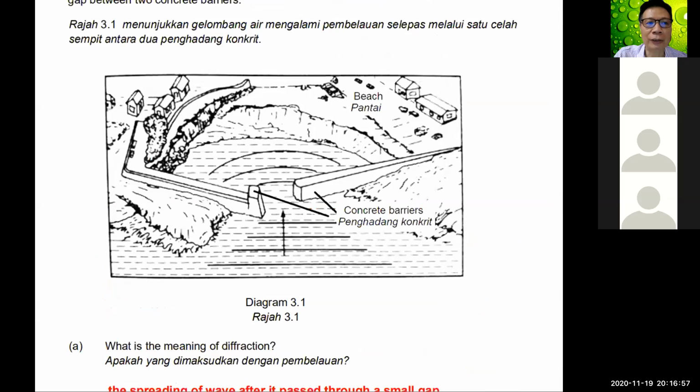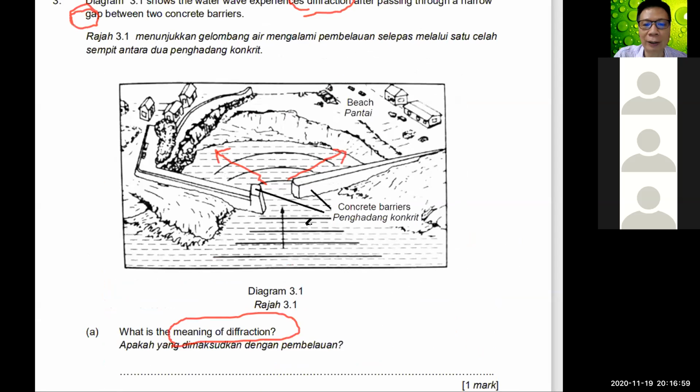Come back here, I need to explain a little bit. You make notes, can or not? During diffraction, lambda has no changes. One more is frequency. Frequency also will not change. Can you jot down: lambda remains, frequency remains, and one more thing that remains is the speed.